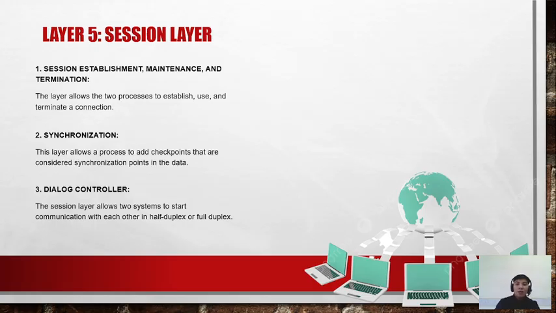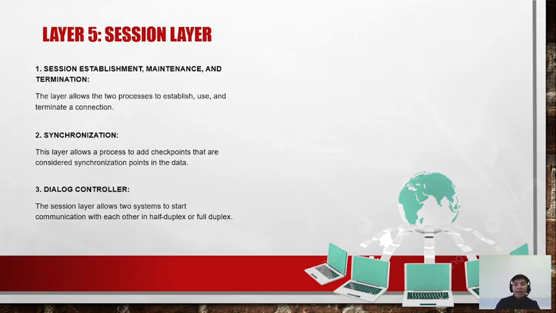It allows them to establish a connection, maintain it while data is being exchanged, and properly terminate it once the communication is complete. This ensures that conversations between systems are organized and controlled, preventing sudden disconnections or confusion during data transfer.